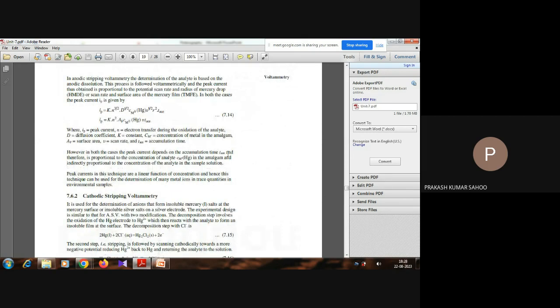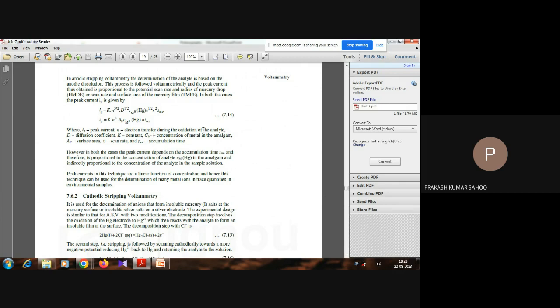The equation will be ip equals k n^(3/2) D^(1/2) C_m(Hg) v^(1/2) r^2, which is then reduced to ip equals k n^2 A v C_m(Hg) t_sc.